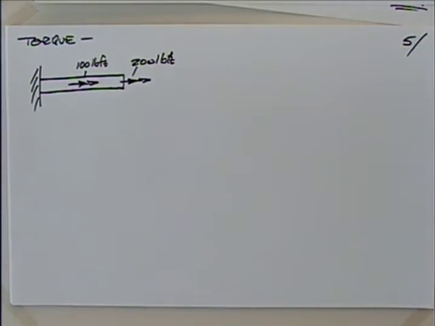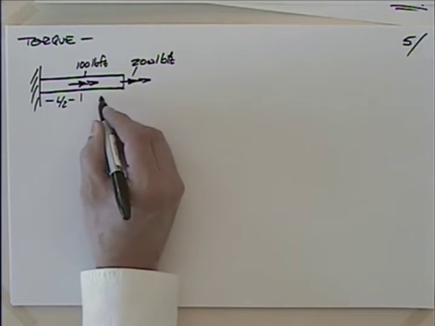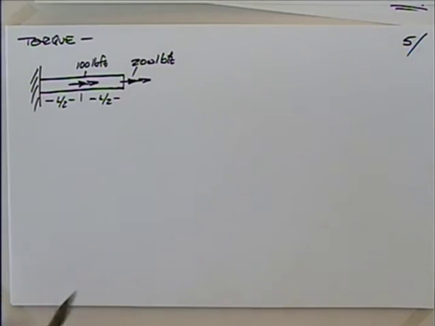Okay? And we'd like to come up with the internal forces. What's the internal force in the first half? What's the internal force in the second half? We'll assume that this is loaded at the halfway point, L over 2 and L over 2.